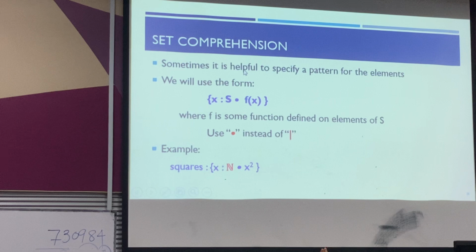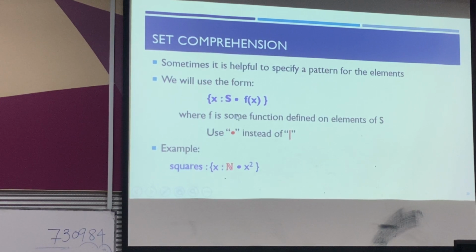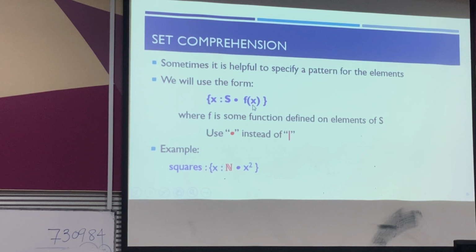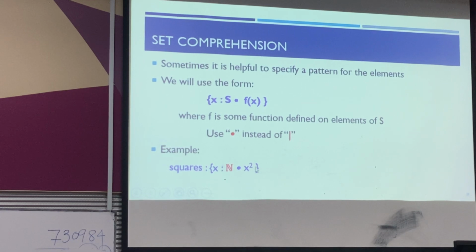So rather than using the bar, you change to a big dot here. The second part will be a function, not a condition or constraint anymore. For example, I want to show that the square of x is x squared like this. So you just write like this.